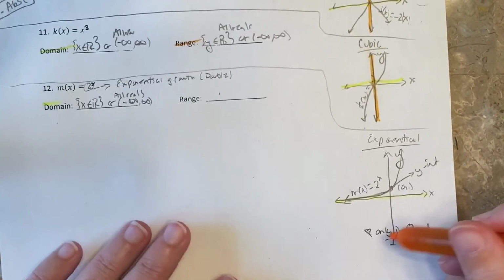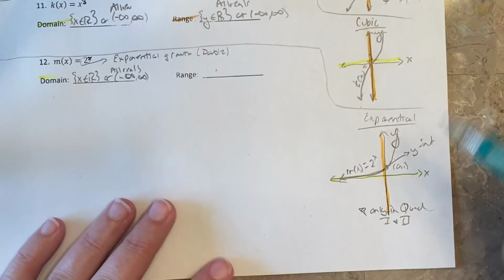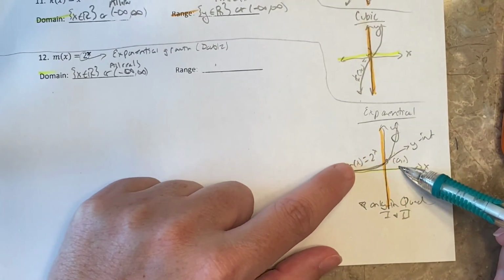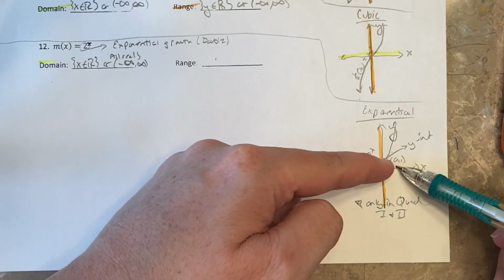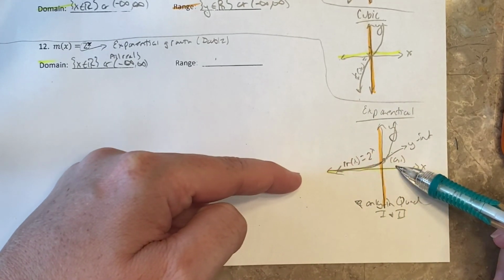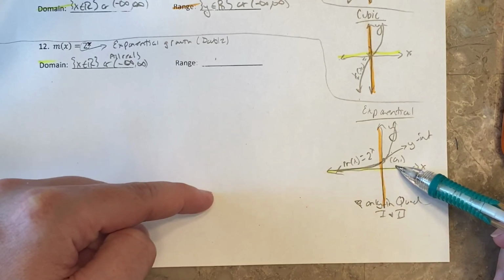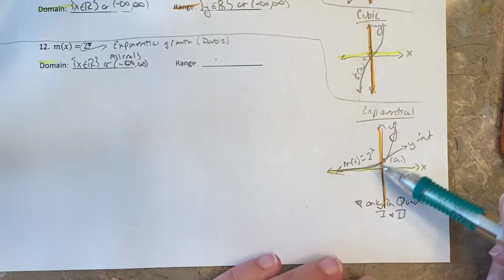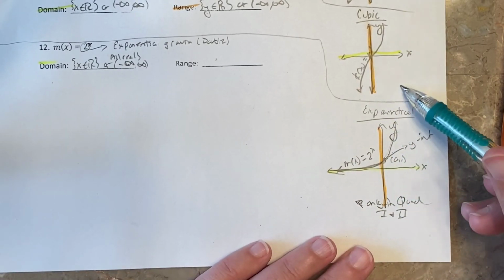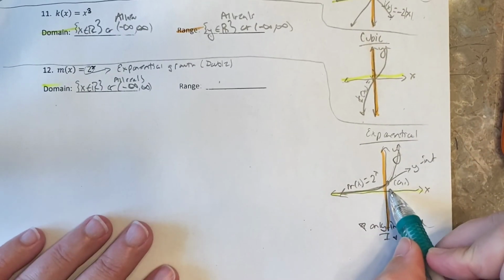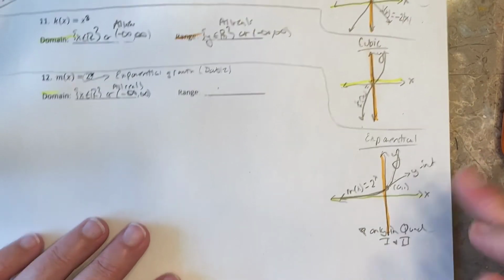All right, so for this one, down to up. So remember, as this is coming out, it's not going to negative infinity. It's hugging along the x-axis, okay? So it's getting closer and closer and closer to 0, but never actually equaling 0. This way, though, does mean positive infinity. Okay, so these are going to be y values that have to be greater than 0.